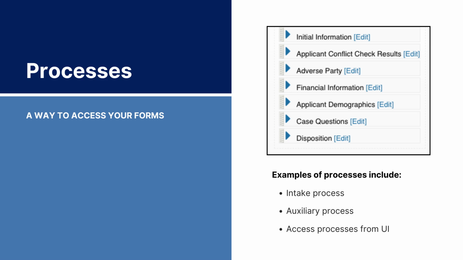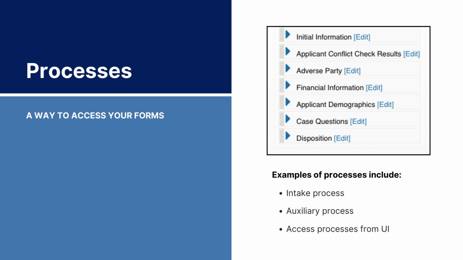Intake processes are what you use to enter your initial client data into your case into LegalServer. Auxiliary processes are typically what you use to edit information about a case in LegalServer. Or you might use an auxiliary process to add additional information to a case while working on LegalServer.